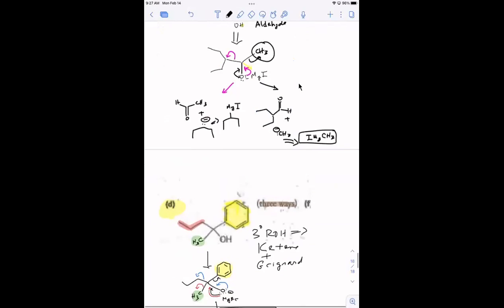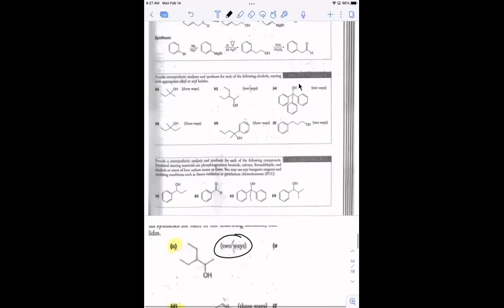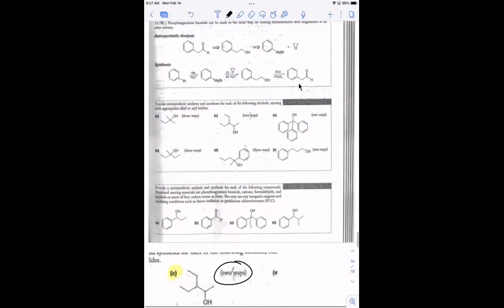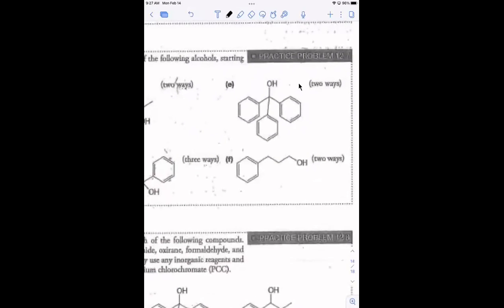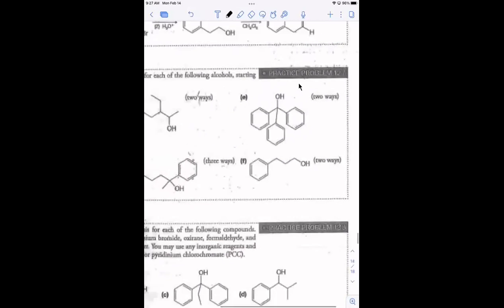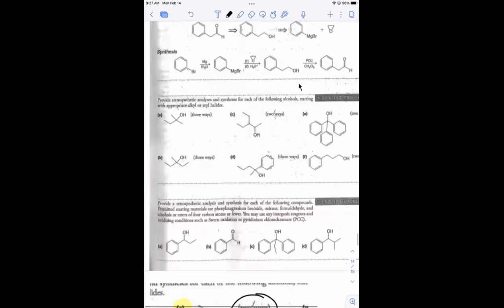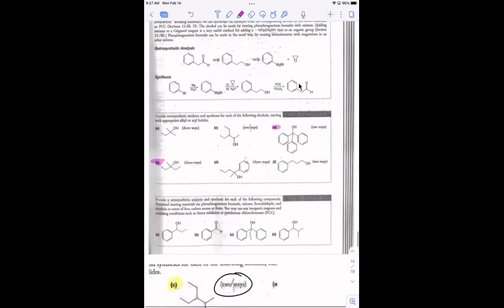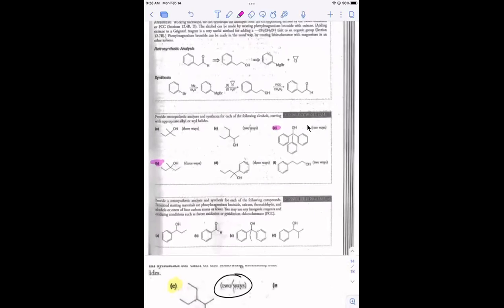All right. Let's do E and B. I want y'all to do these on your own though. So I'm gonna break y'all out into groups. How many people we got? 20 people. So go ahead and write those down.